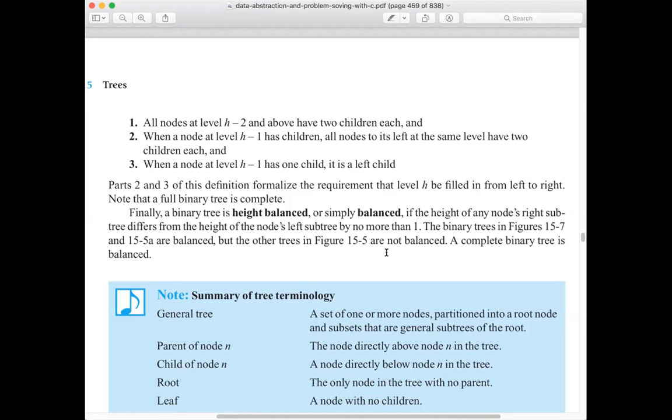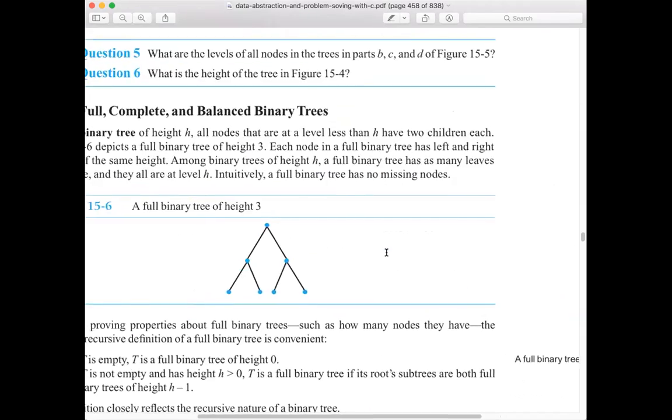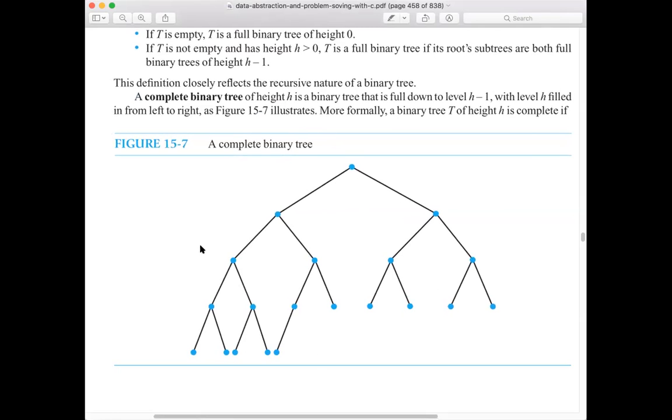Binary trees in figures 15.7 and 15.5a are balanced. You want to go back and look at 15.7? Here's 15.7. This is balanced, right? Because if I take any node in this tree, its left subtree is going to have either the same height as its right subtree, or they're going to be off by 1.